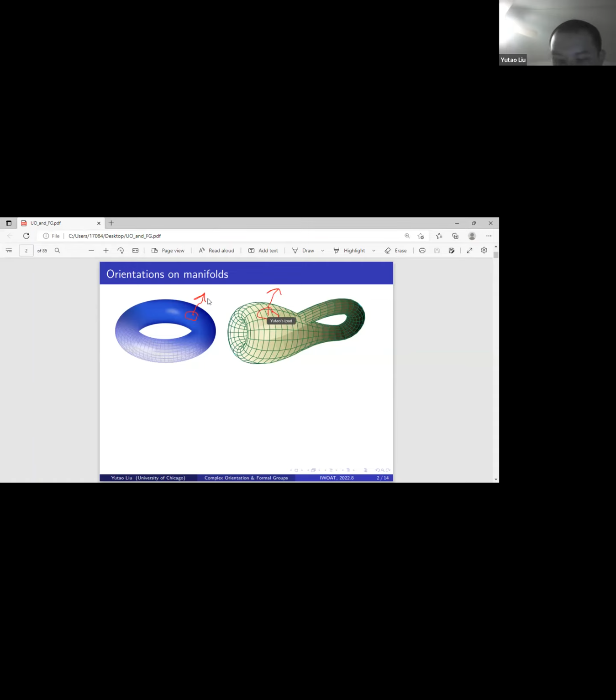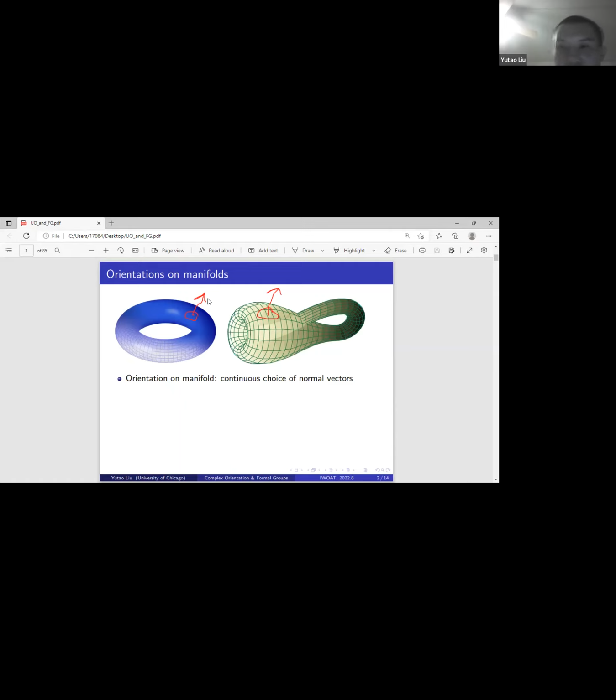Although the Klein bottle itself is not orientable, you can still do it locally. Now the problem is, if you want to make an orientation on the whole manifold, then you want a continuous choice of normal vectors. You can easily do this for the torus because you can choose all the normal vectors to pointing outside or pointing inside.